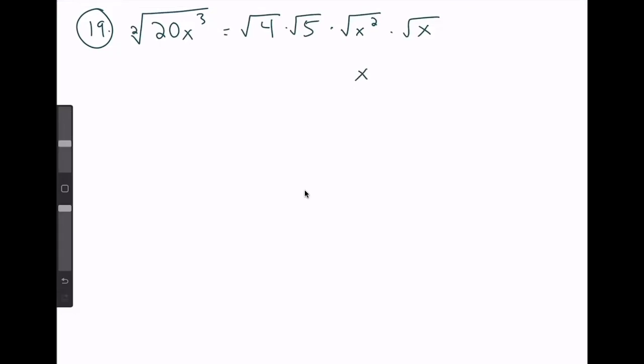The square root of 4 is 2. Square root of 5 is a decimal. And the square root of x. So I multiply all these together. I get 2x times the square root of 5x. That's my answer.